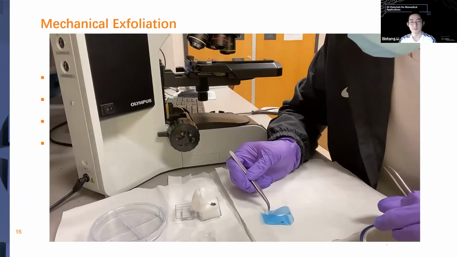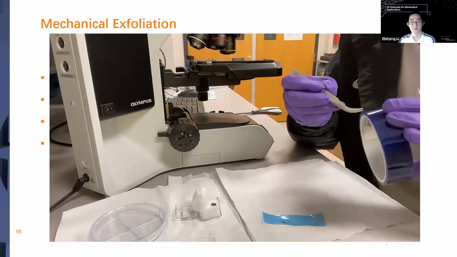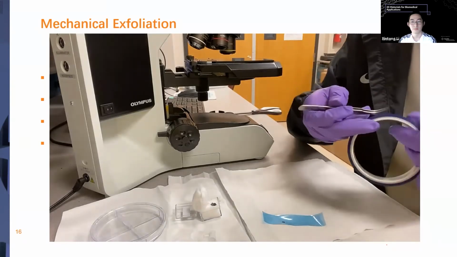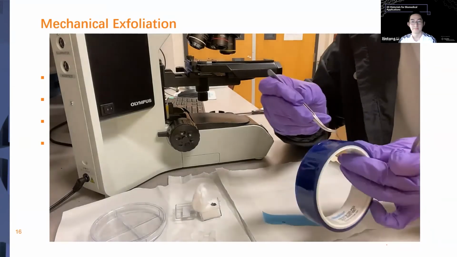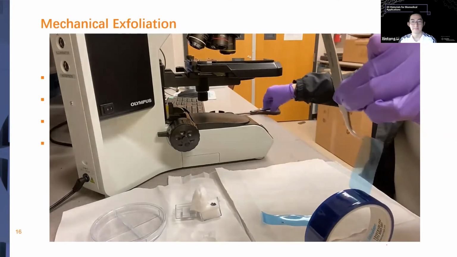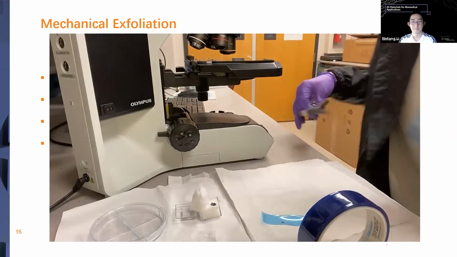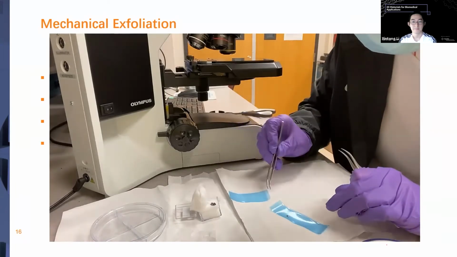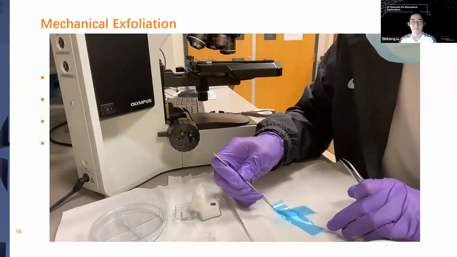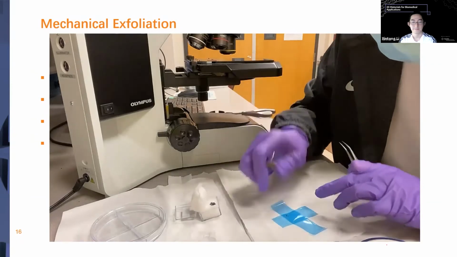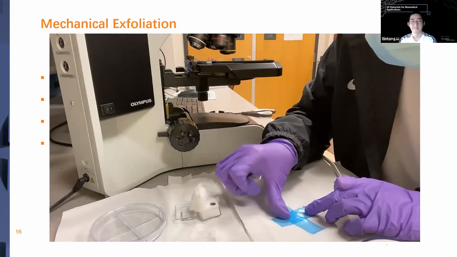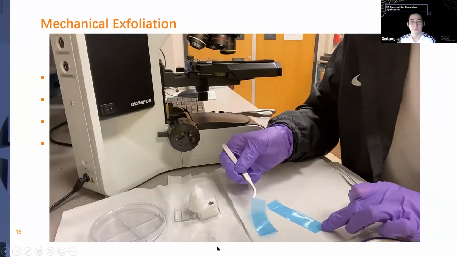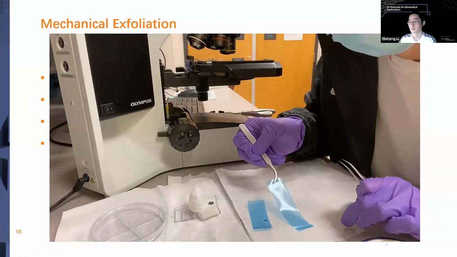We can either fold it or we can use another section of tape to do exfoliation. So what we're going to do is simply exfoliate it a few times. Like this, and you don't want to press it too hard. And you can see it's becoming thinner.